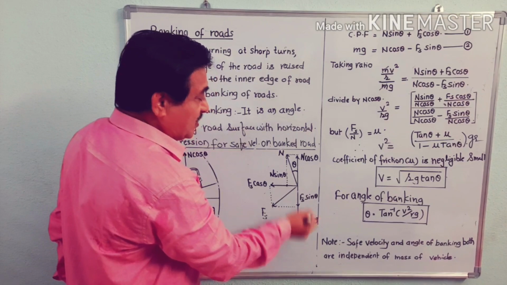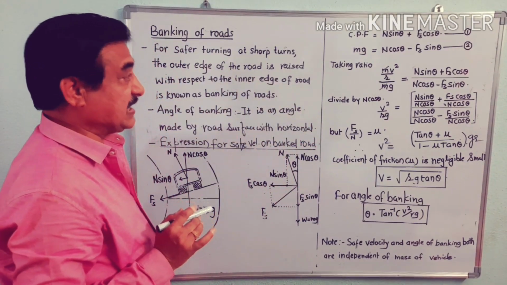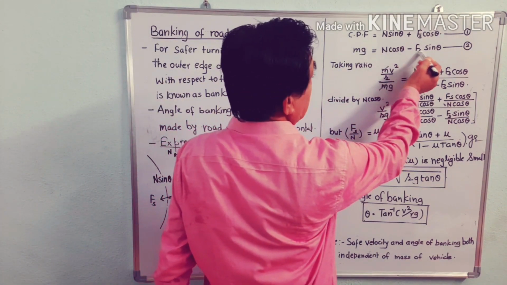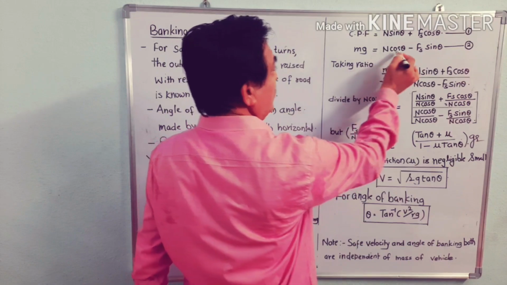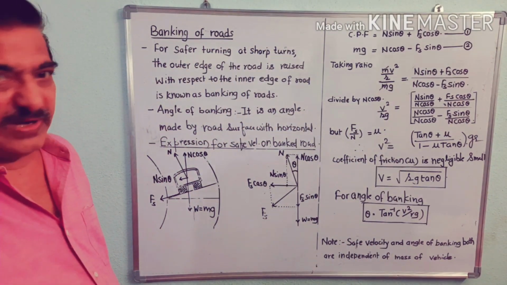So W is equal to N cos theta minus Fs sin theta, but W is equal to mg, so mg is equal to N cos theta minus Fs sin theta.